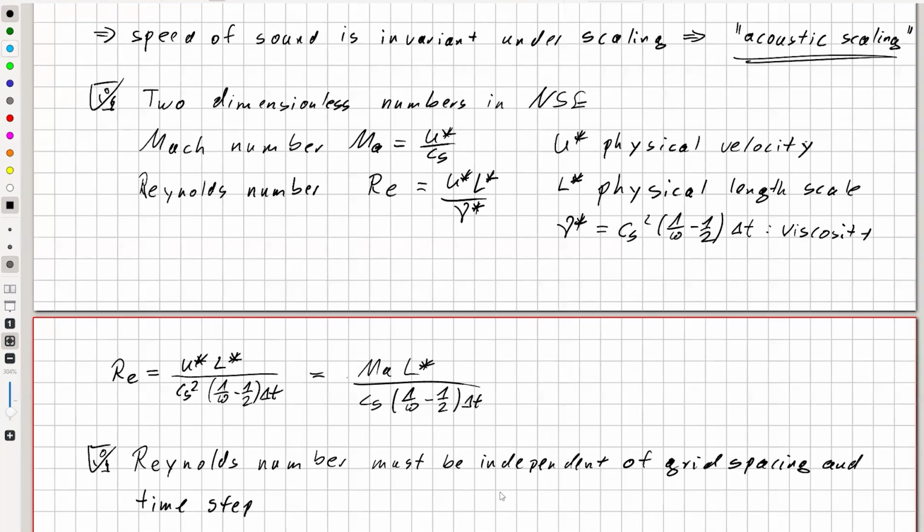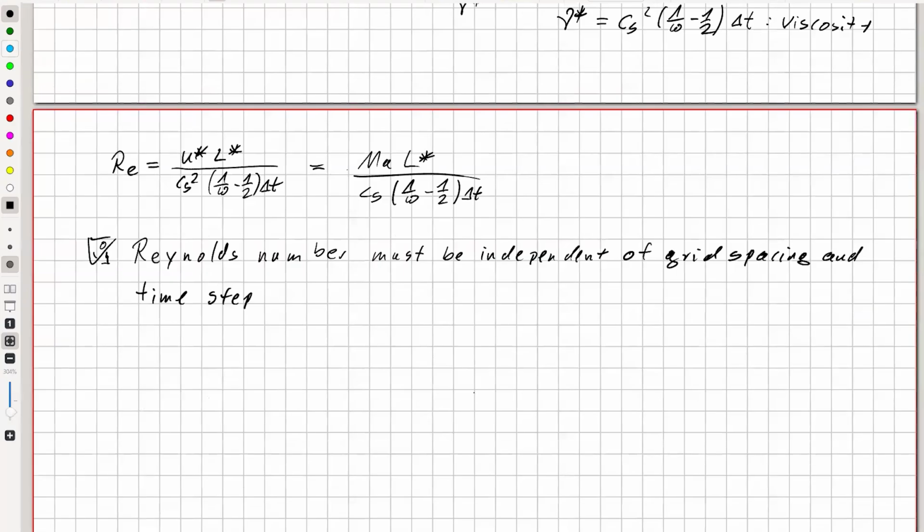Say now if the Mach number, the speed of sound, they are now independent of delta x and delta t. So this is the consequence of this acoustic scaling.